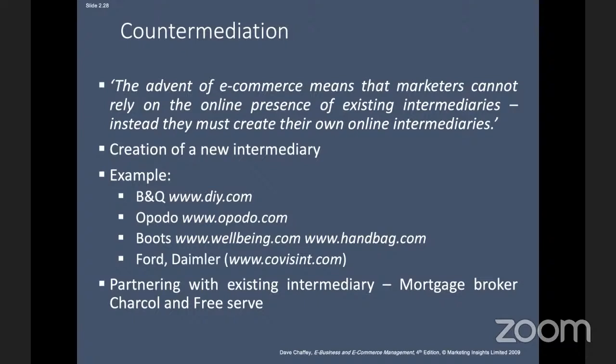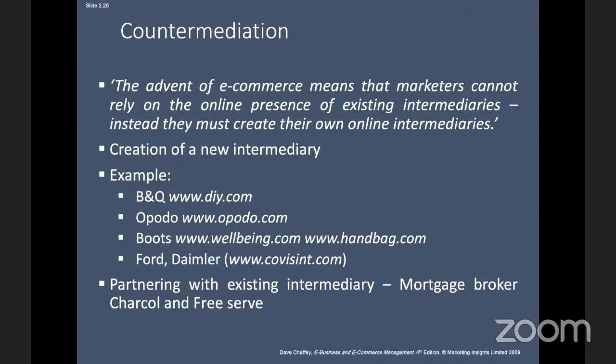Creation of a new intermediary is, for example, B&Q, www.diy.com, then Opodo, then Boots, wellbeing.com and handbag.com, then Ford, Daimler, covisint.com. So these are some examples.